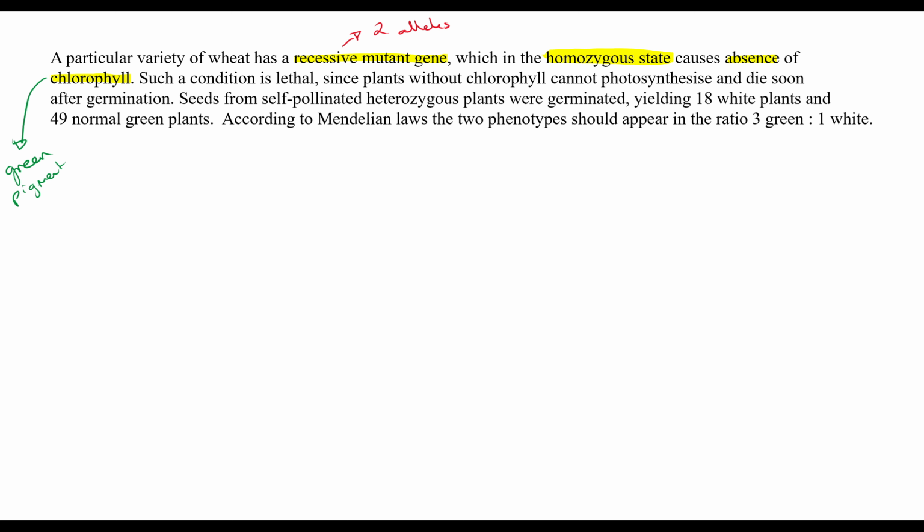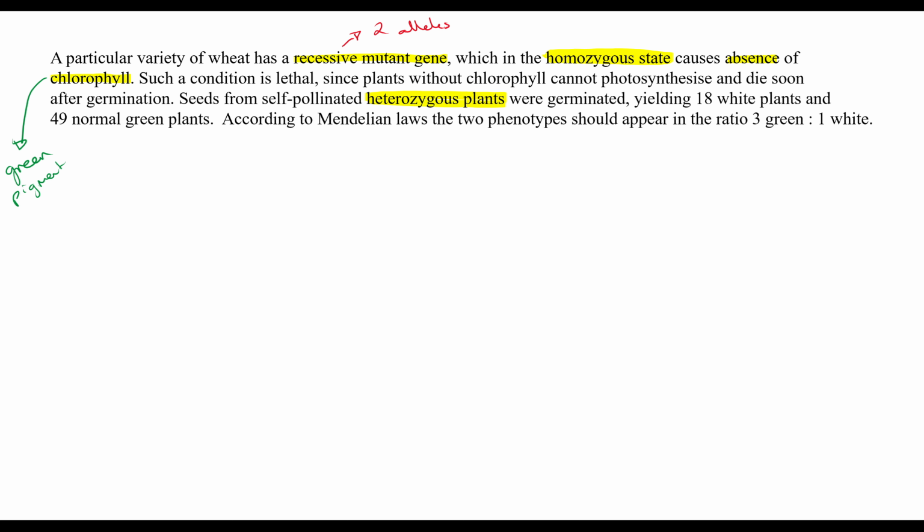So I'm being told that the mutant allele is recessive. It's going to give me this absence of chlorophyll. Now it goes on and tells me a few bits more information in the question. So seeds from self-pollinated heterozygous plants were germinated. Now these are heterozygous, and they've already told me that the recessive trait is going to give me an absence of chlorophyll.